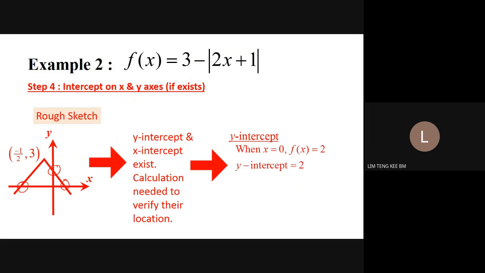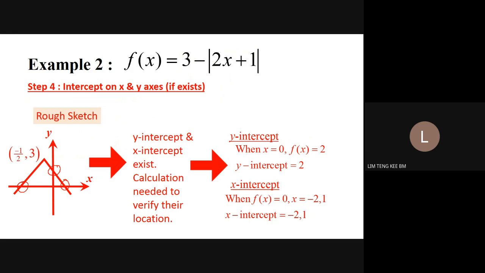For the y-intercept, we let x equal to 0. So it gives me f(x) equals 2. As a result, the y-intercept is 2. For the x-intercept, I let f(x) equal to 0. When I solve it, I find that x equals -2 and 1.